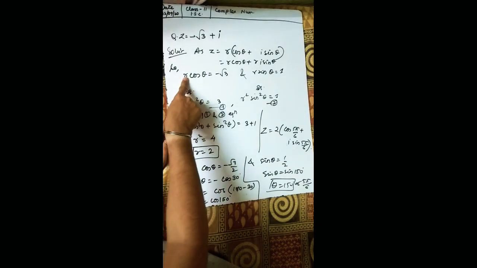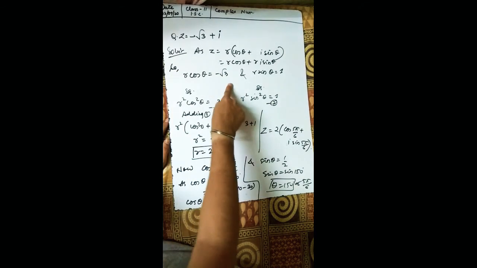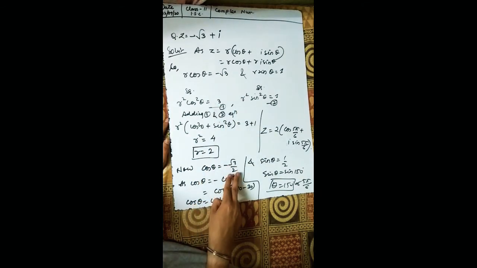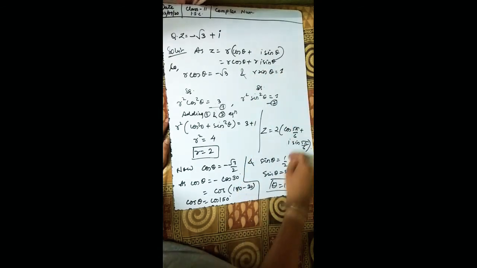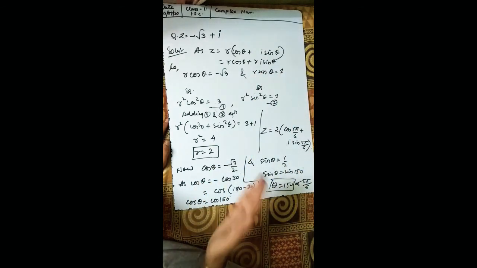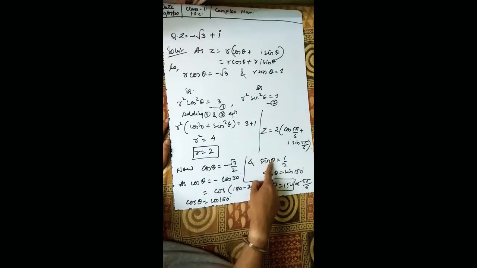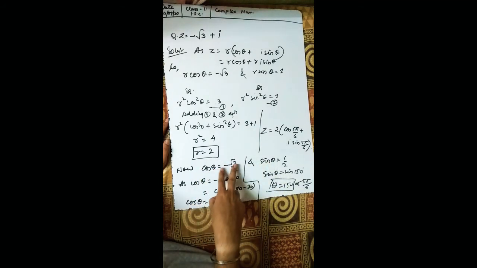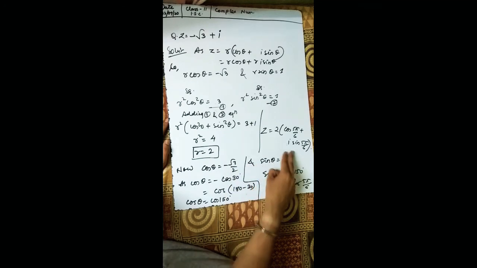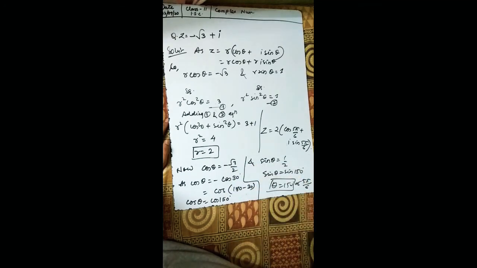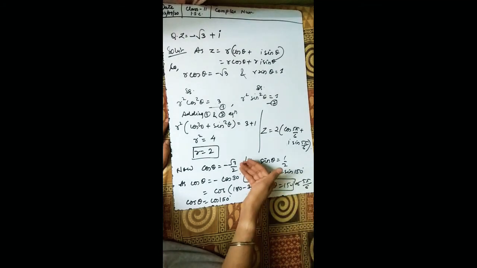If you put the value of r as 2, then take 2 in the denominator. Cos theta will be minus root 3 upon 2 and sin theta will be 1 upon 2. Now you have to see that theta should be common for both, when you get cos theta equal to minus root 3 upon 2 and sin theta equal to 1 upon 2 with the same angles.